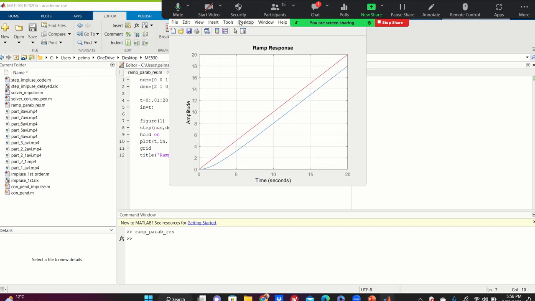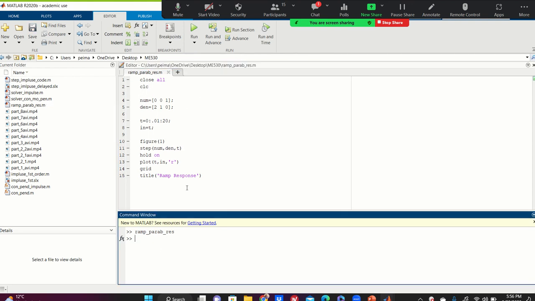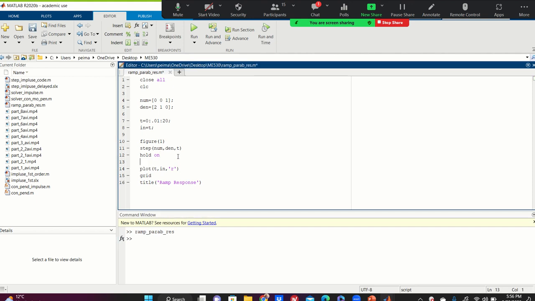Let me put this command. When you put close all, when you run the code, it's going to close all the figures, and clear means clear the screen and workspace. I'm going to put also another one to tell you this. I'm going to increase the time constant to, I don't know, 6.